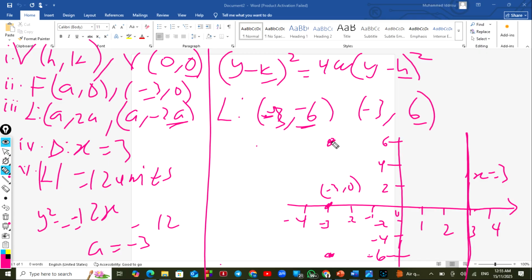So we have it like this, so this is our parabola. We should pass through the latus rectum points. The latus rectum is on the parabola, but you can see that the focus is not on the parabola. So this is the parabola we've been asked to sketch. This point is (-3, 6), this point is (-3, -6), and this is the parabola.